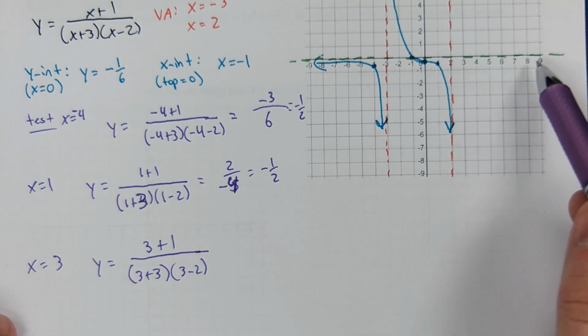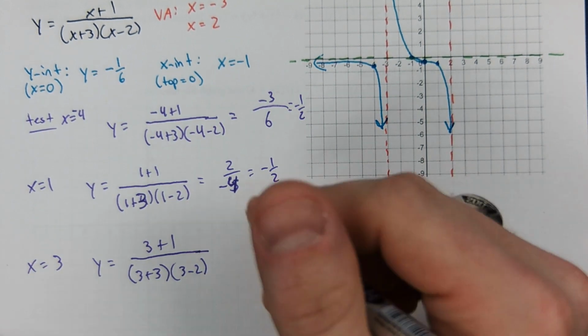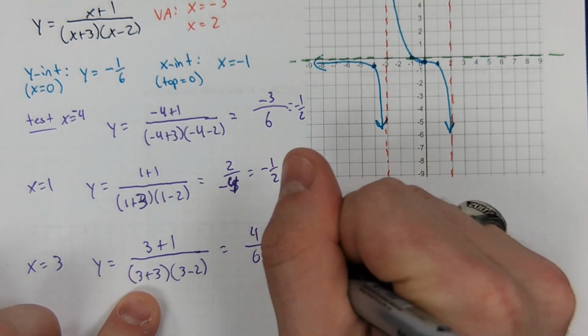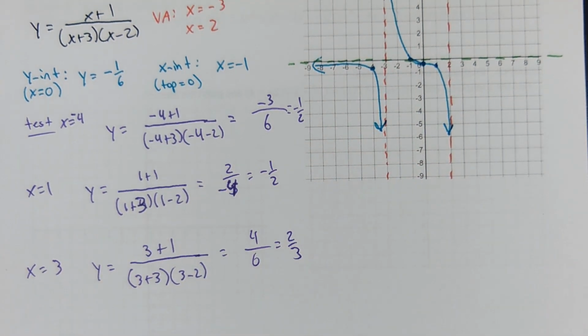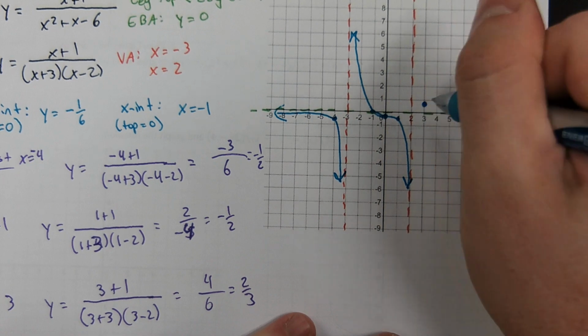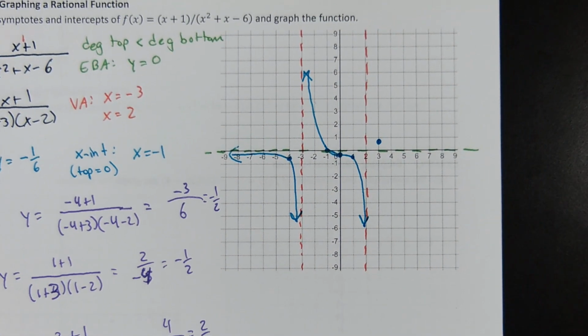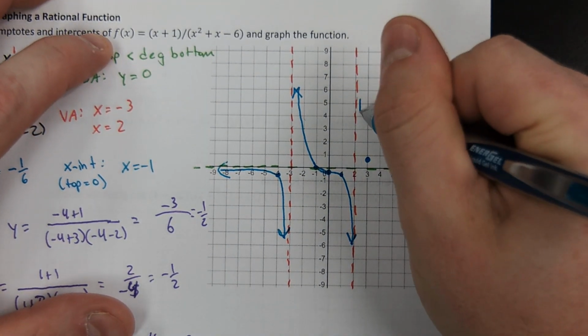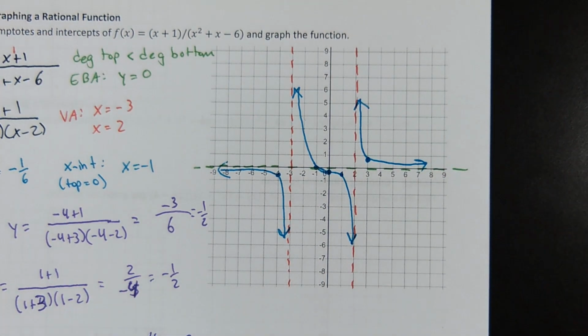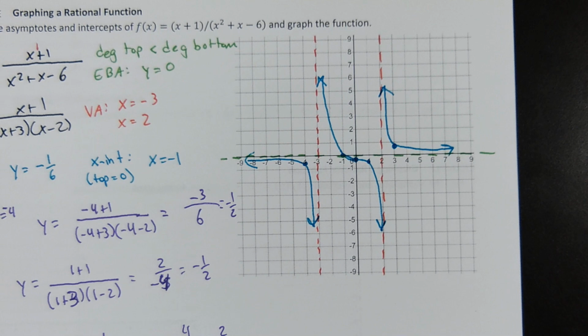That already tells me I'm going to be above the green dotted line. But just in case, I have 4 over 6, which is 2/3. So (3, 2/3). It's like here somewhere. The point is, it's above that green dotted line. So we're going to do this. Ta-da!